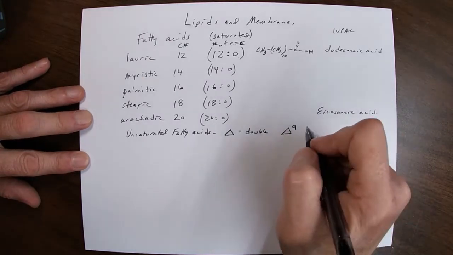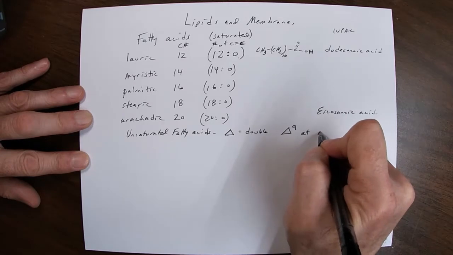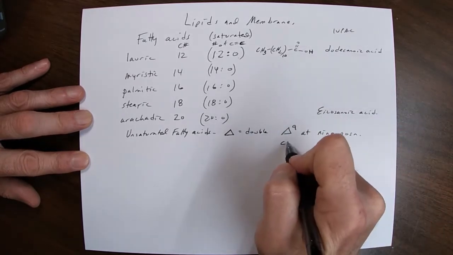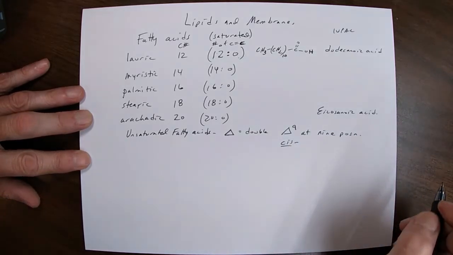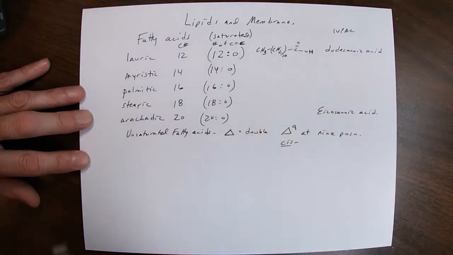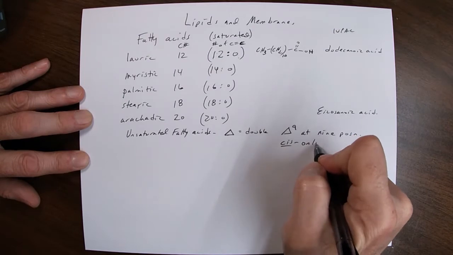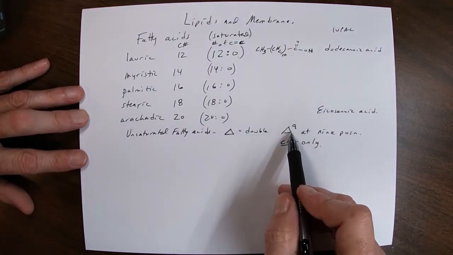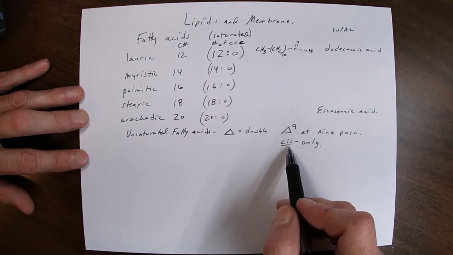So you got a double bond at the 9 position, and these are cis in their configuration. So you have cis alkenes only. All right. So if we have a double bond, we're going to normally put it at the 9 position. There's of course exceptions, and it will be cis.